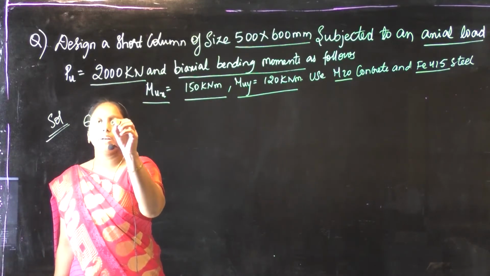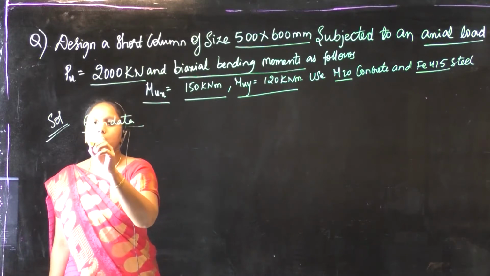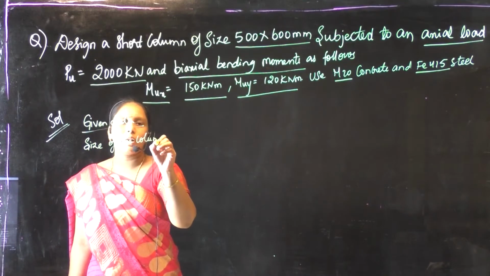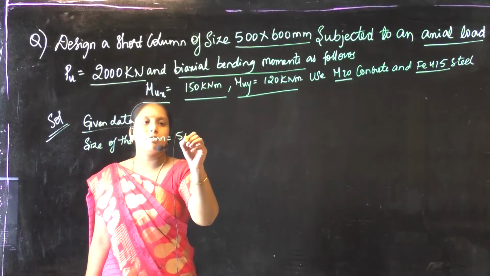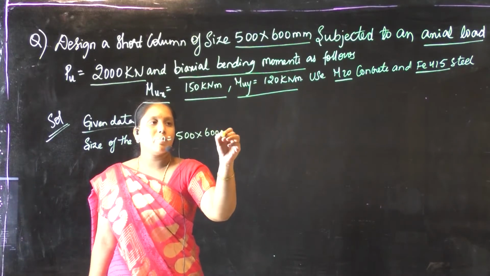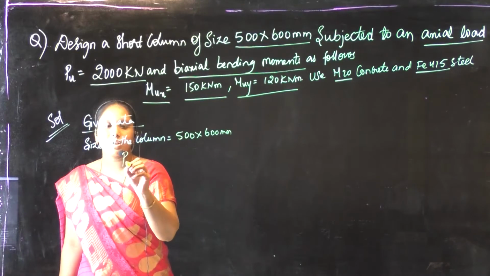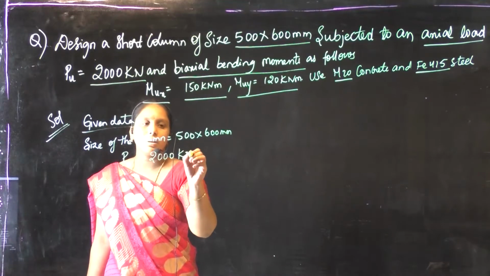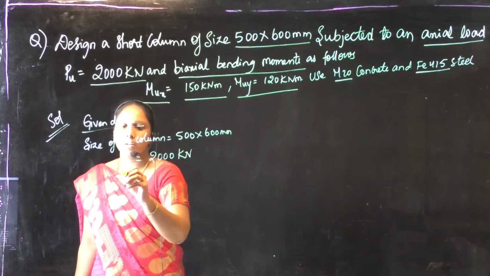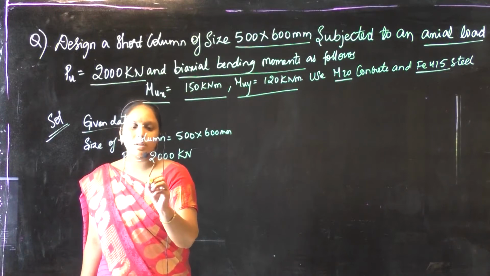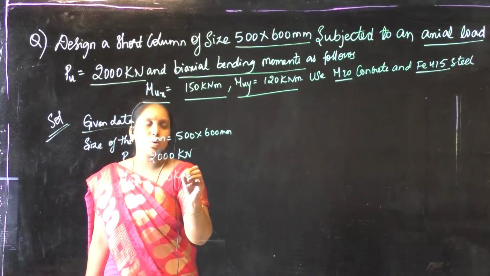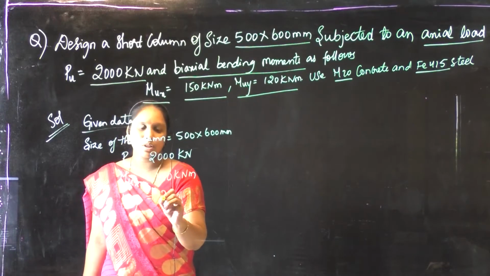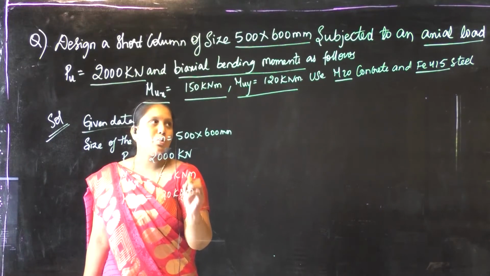So what is the given data? The size of the column is given, which is 500 by 600 mm, and the axial load PU is given, which is 2000 kilonewtons, and the bending moment MUX is given, which is 150 kilonewton meter, and MUY, the bending moment in the y direction, is given, which is 120 kilonewton meter.